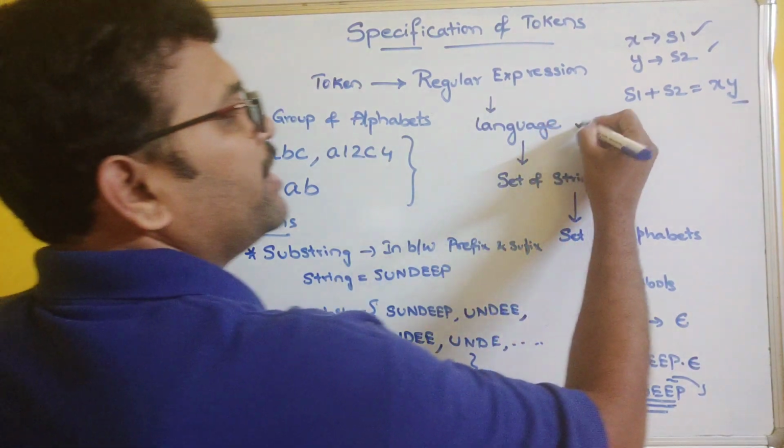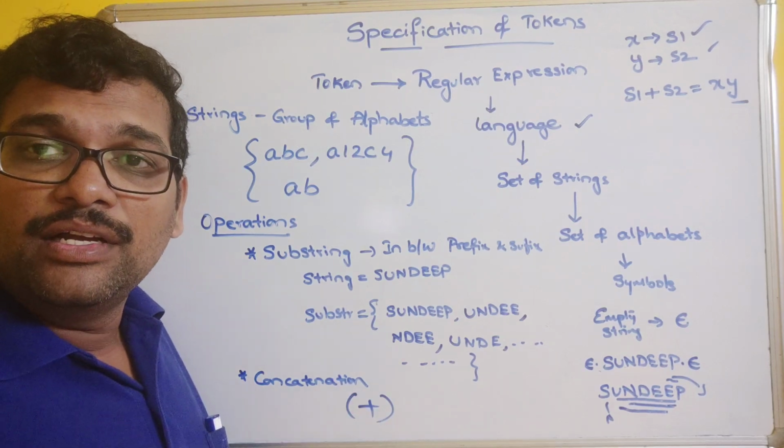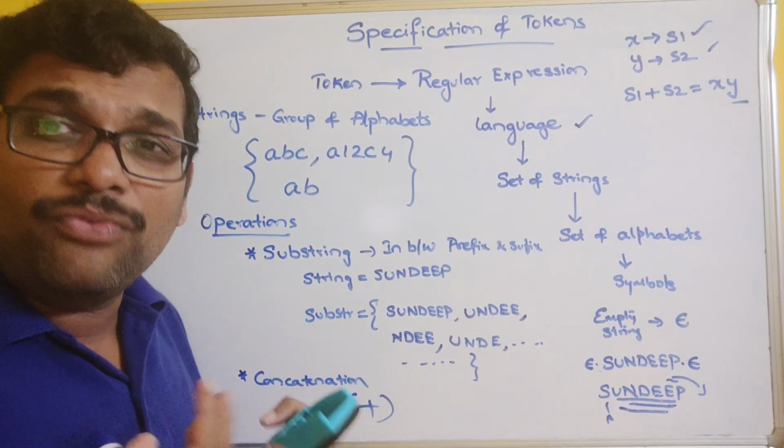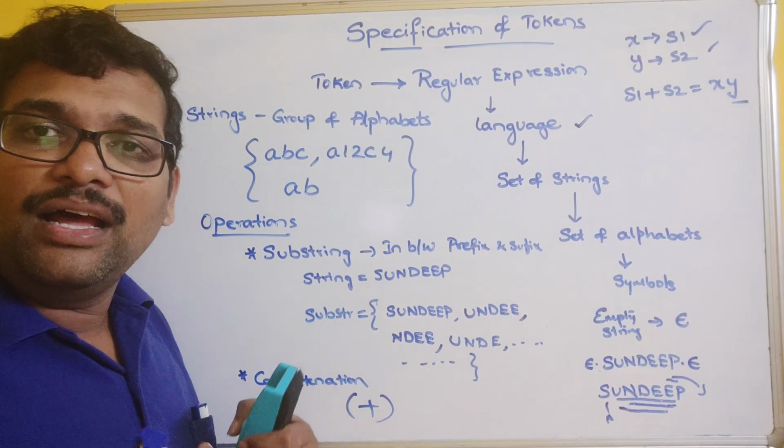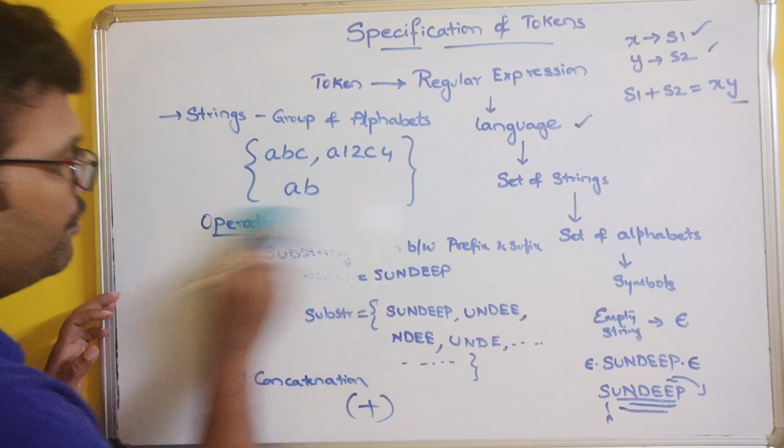This is the second level. Now we have to move on to languages. What is meant by a language? A collection or a set of strings from the alphabets is called a language.